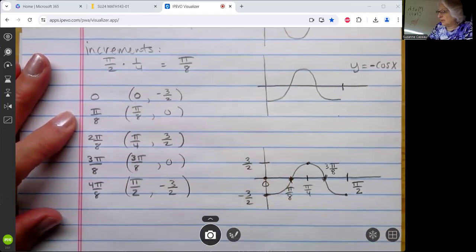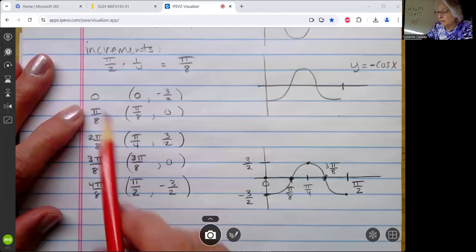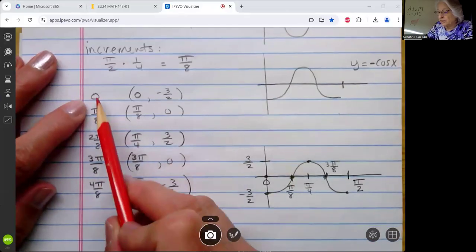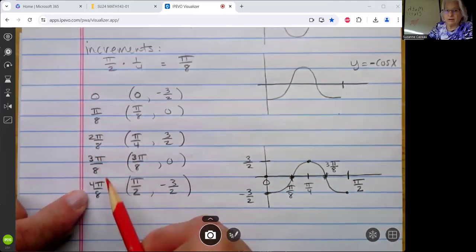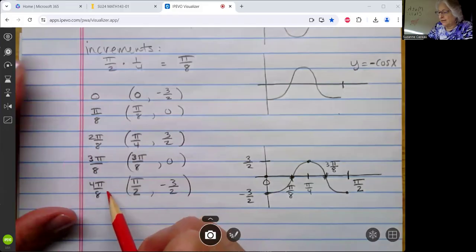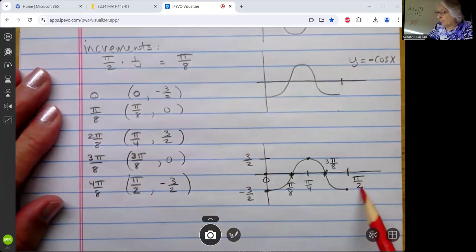So what I like to do is take my starting at 0 and just go pi over 8 each time. So I go like 1 pi over 8, 2 pi over 8, 3 pi over 8, 4 pi over 8, right? And this should reduce down to pi over 2, which is what you have over here.